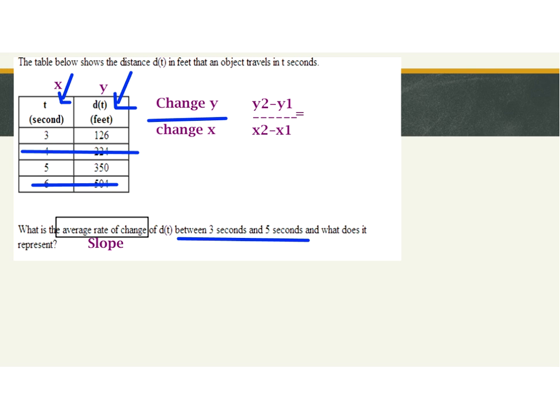All right, so let's plug in the values. So my y2 is 350. My y1 is 126. My x2 is 5. My x1 is 3. So I have to get a calculator out. 350 minus 126 is 224.